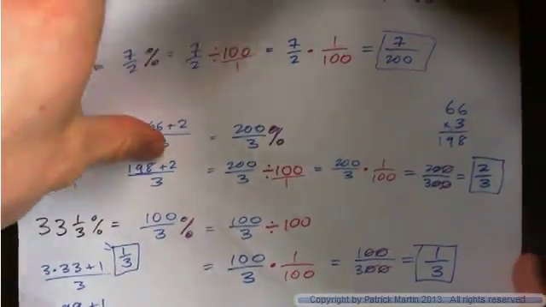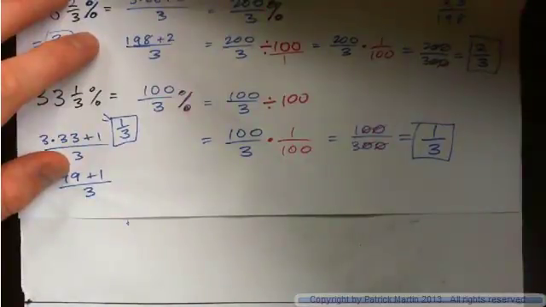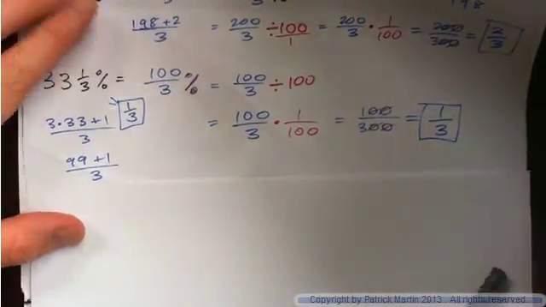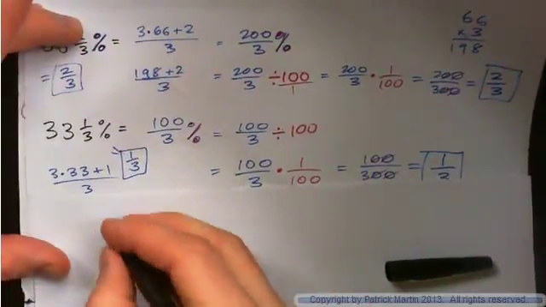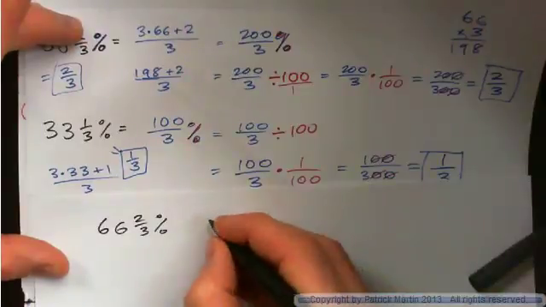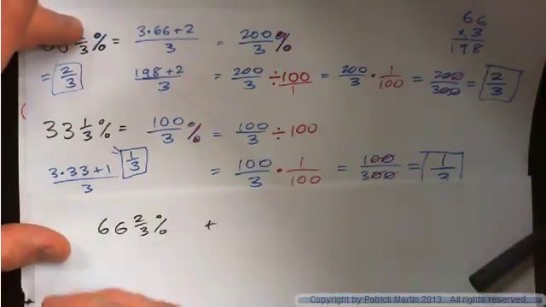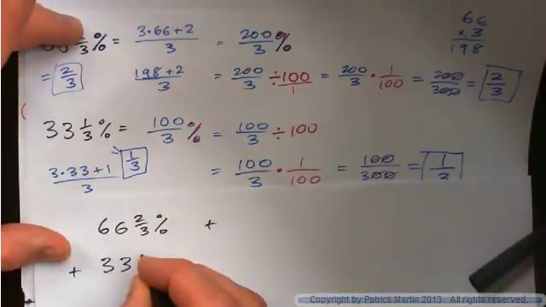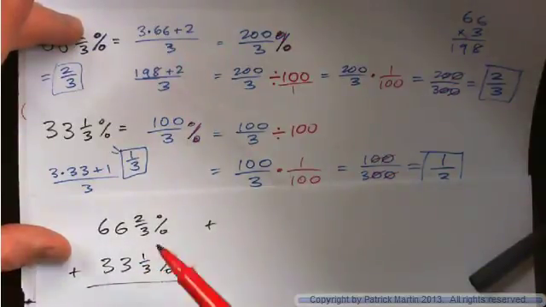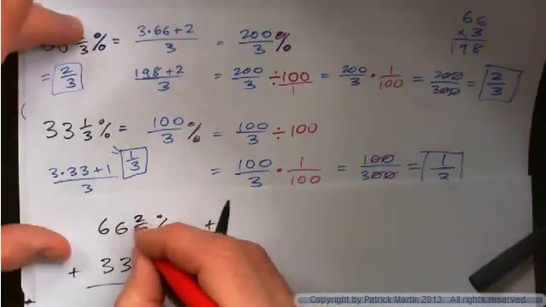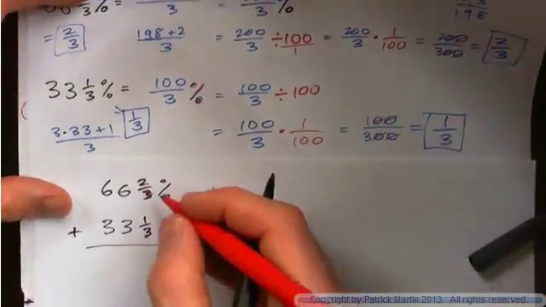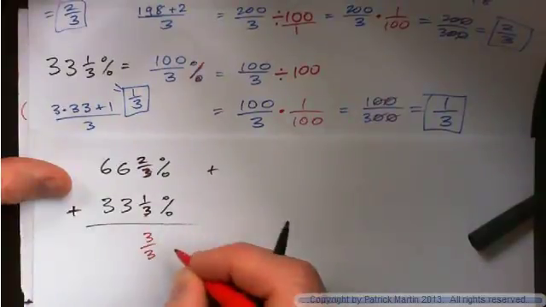And I guess it's really crucial to see, and this comes up a lot, that 66 and 2/3% plus, actually I'll add it here, plus 33 and 1/3%, okay, the 2/3 and the 1/3, if you add these together, they will give 3/3, won't they?